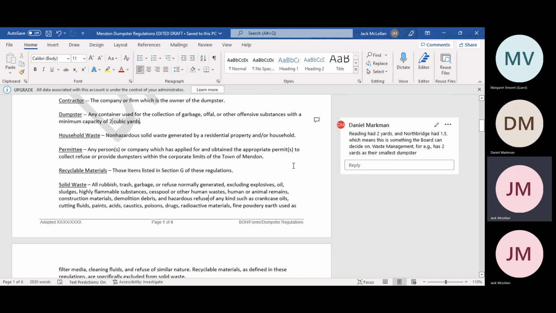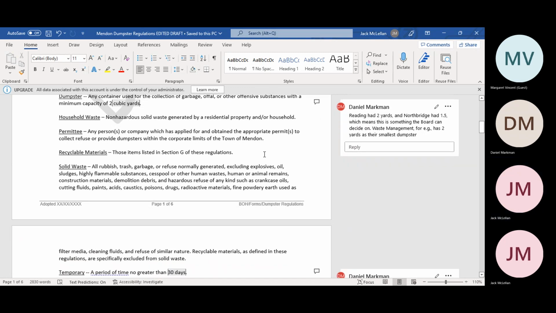Did they seem similar? Anyone here? Well, I'm reading household waste, and when it says non-hazardous solid waste as things that aren't included in the definition of solid waste, and they're generated by a residential property and or household, versus the solid waste could be generated more on the commercial side.